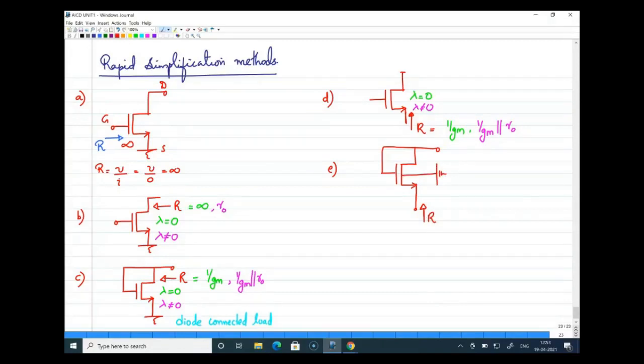Same as case C, the third case, but here your body terminal is also coming into the picture, and again here you can consider two cases. One is lambda equal to 0 and another case is lambda not equal to 0. Can I get answers from you guys?